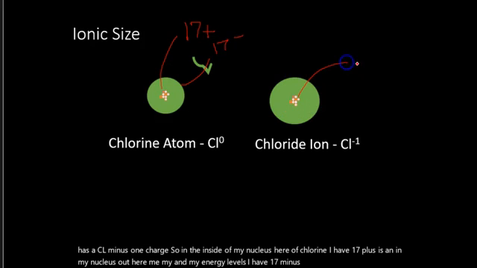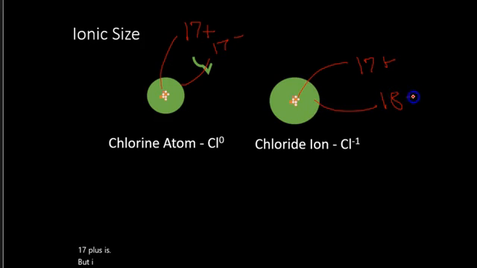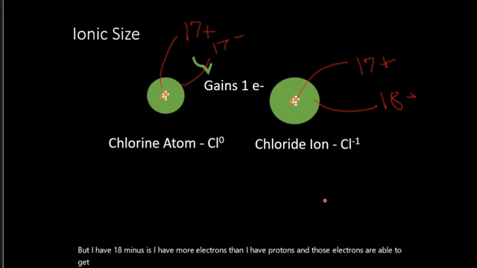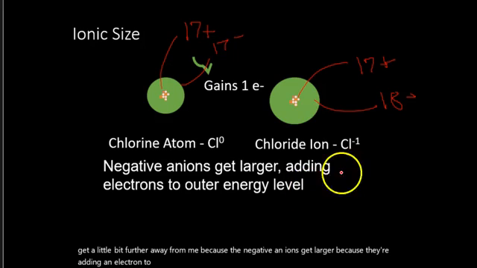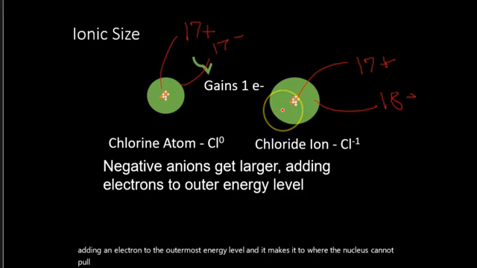But in my ion, I only have 17 pluses, but I have 18 minuses. I have more electrons than protons, and those electrons are able to get a little bit further away from me because the negative anions get larger, since they're adding an electron to the outermost energy level, and it makes it so the nucleus cannot pull the electrons in as closely.